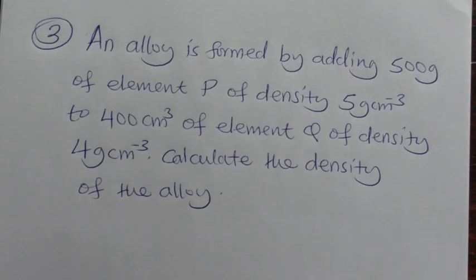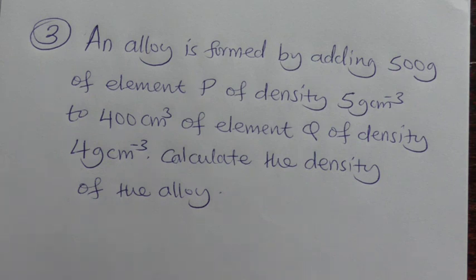Our third example says that an alloy is formed. You know that an alloy is a mixture of 2 or more metallic substances in most cases. So an alloy is formed by adding 500 grams of element P of density 5 grams per cubic centimeter to 400 cubic centimeters of element Q of density 4 grams per cubic centimeter.